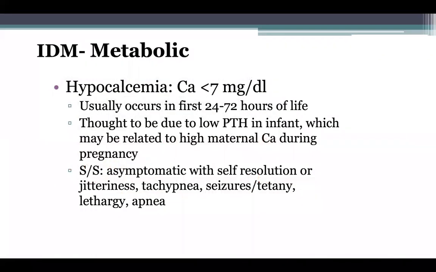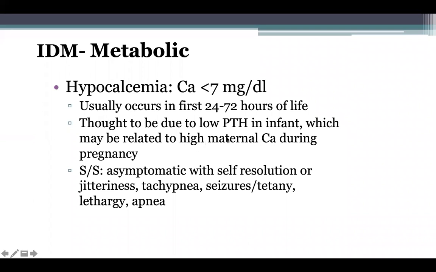And postnatally, what you can see is hypocalcemia, usually occurring in 24 to 72 hours. Why this occurs is due to low PTH. It occurs in around 30% of your IDMs. You should write the percentage. Even Cloherty gives around 3 to 4 pages of IDM. Why it occurs is due to low parathyroid hormone in the infant, because of high maternal calcium.